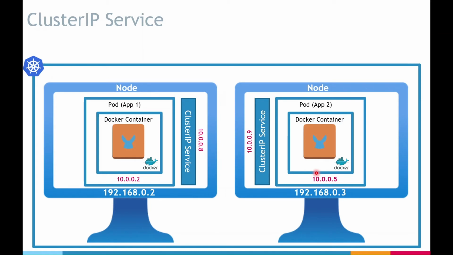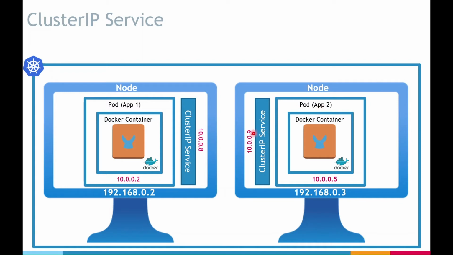So to solve this problem, there is a component called the cluster IP service. Now the cluster IP service will be per pod. So if you see in this diagram, app 1 has its own cluster IP service and app 2 has its own cluster IP service. The idea behind this cluster IP service is to have a static IP assigned. So the pod with app 1 will always have a static IP assigned like 10.0.0.8, and the pod with app 2 will have 10.0.0.9.